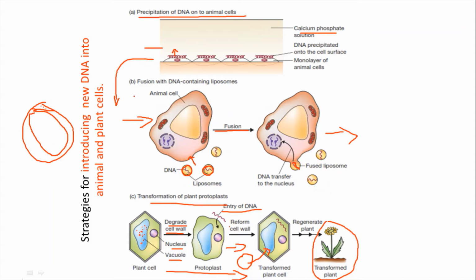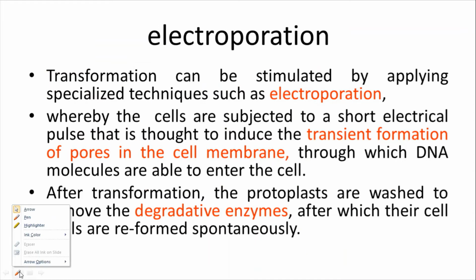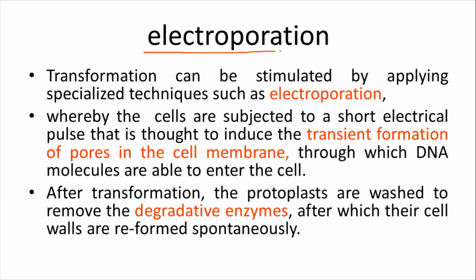Yesterday we learned a lot of points on electroporation. Once again as a reminder, electroporation is a technique to transfer genes into plant and animal cells. Transient pore formation occurs when the protoplastic cell is subjected to the electroporator, at the time of electric field application.